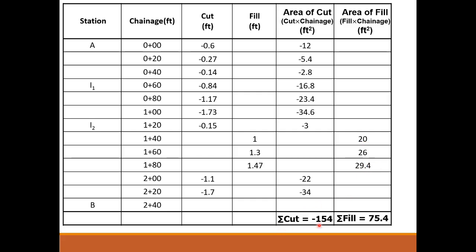By summing up all the entries in the cut column and fill column, we get the totals of cut and fill. In our case, it is minus 154 for the cut portion and plus 75.4 for the fill portion. The unit is square feet, since these are cross-sectional areas.